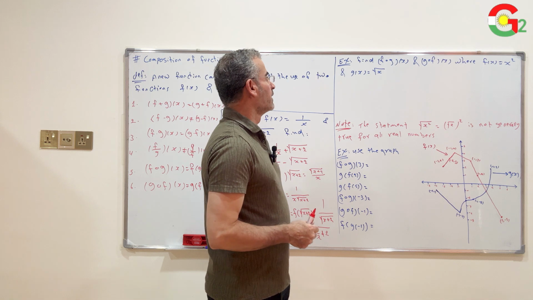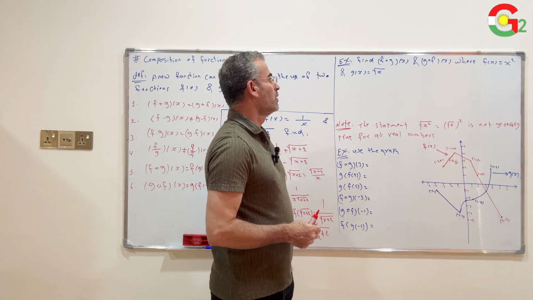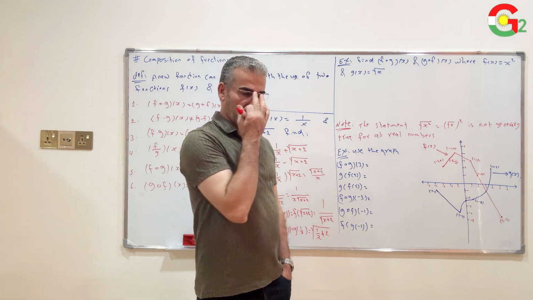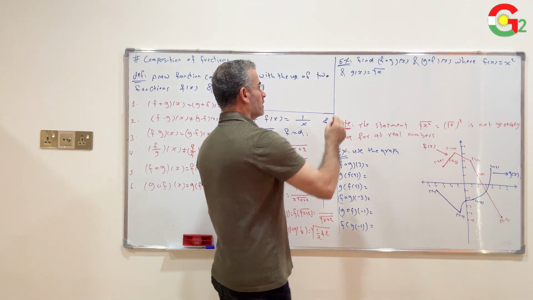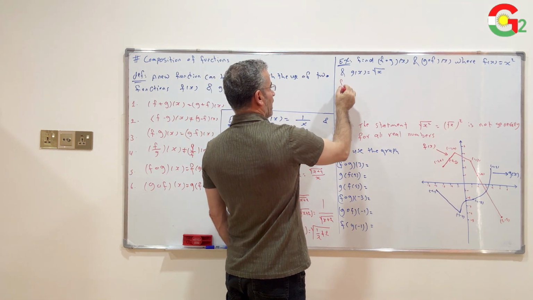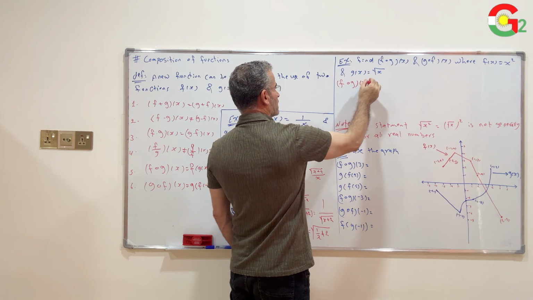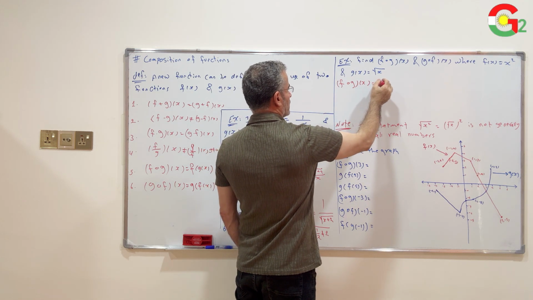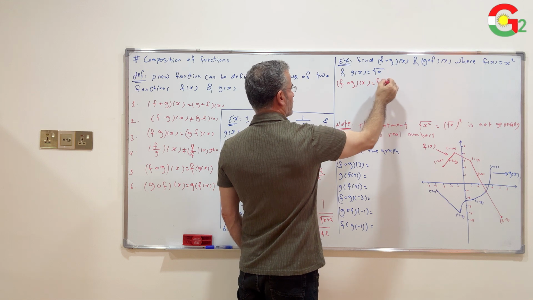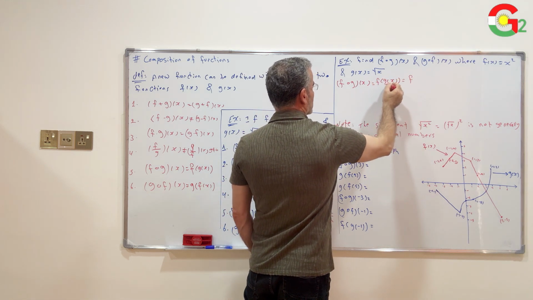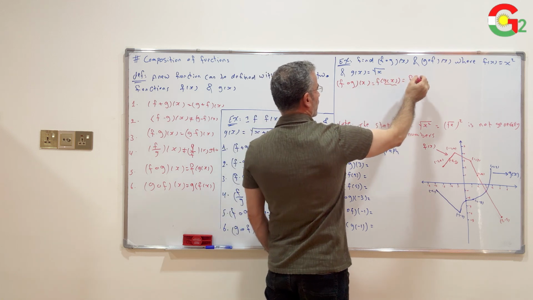Example, find f o g and g o f where f of x equal x squared and g of x equal square root x. f of g of x, its definition is f of g of x equal to f of square root x.